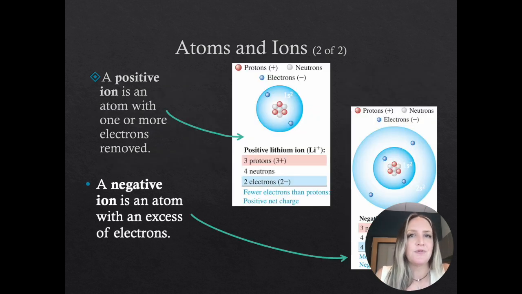Positive ions or positively charged objects will have more protons than electrons. Negatively charged objects will have more electrons than protons. Okay, so you can extend that idea of an atom being positively charged or negatively charged to an object.